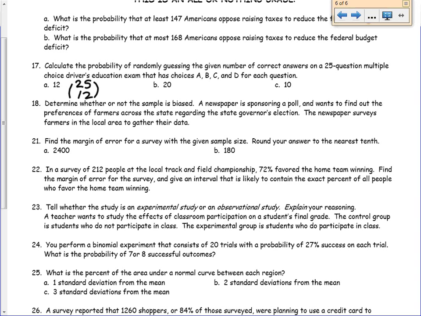The number right. So the percent of right is 0.25. Where did I get that from? How many choices do you have? 4: A, B, C, D. So what's the probability that just guessing you're going to get one of them right? 1/4. How do you write 1/4 using your calculator? That's where that comes from.